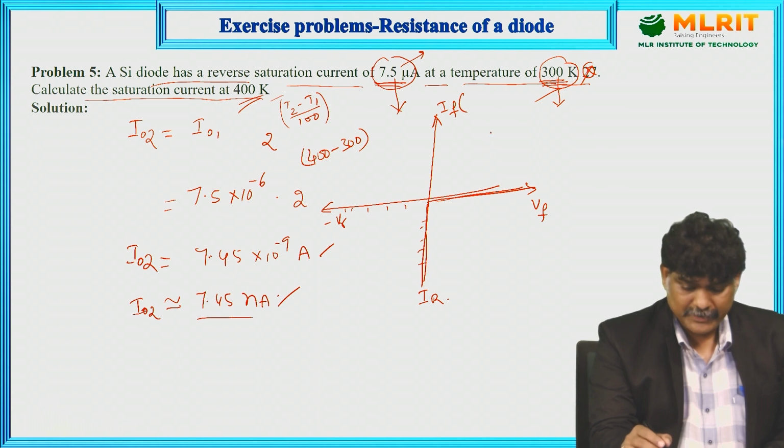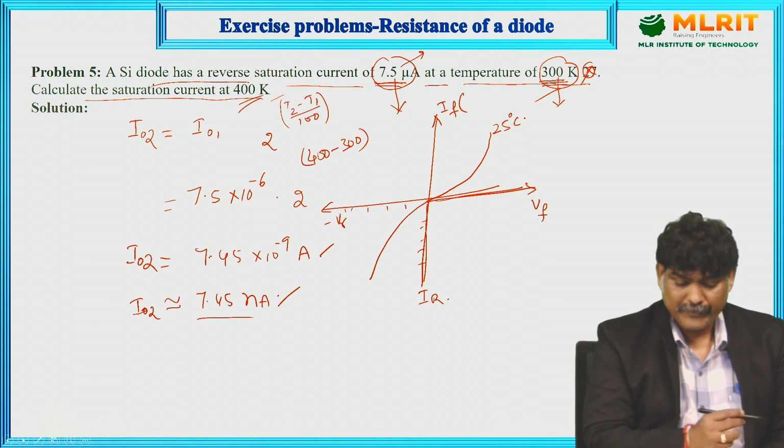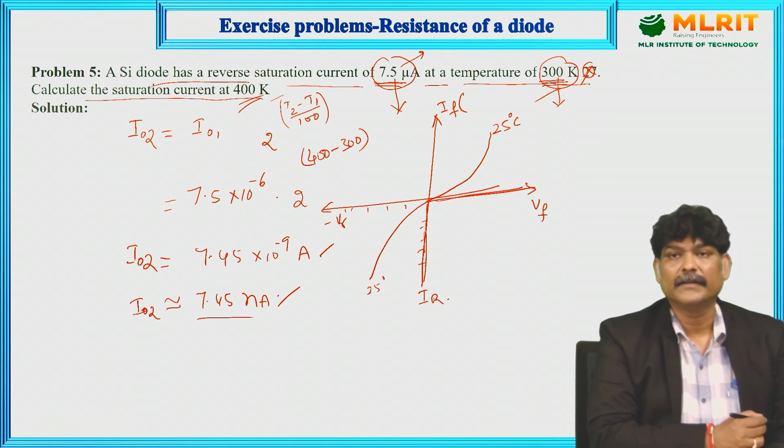For example, 75 degree centigrade voltage. So 25 degree centigrade, let us say, at a particular temperature. So this is 25, and the reverse saturation current will be here.